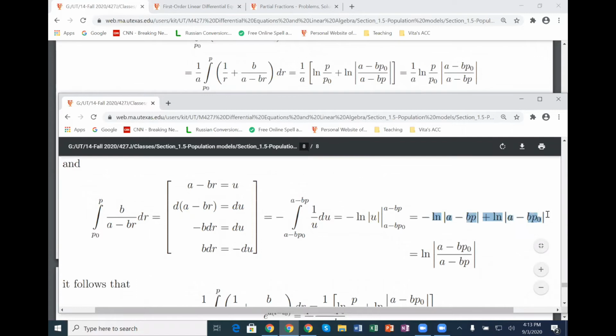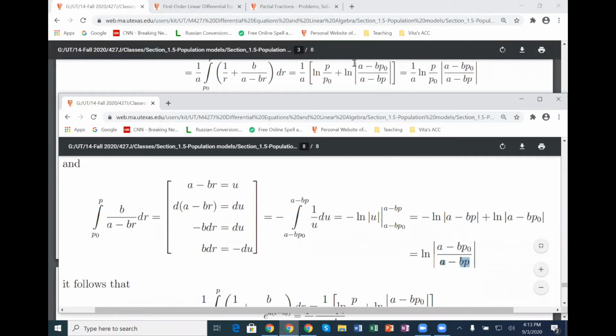So what is written here is the difference of two ln's. This minus this. And we know that the difference of logarithms is logarithm of the quotient. So it's ln of this, which is over here, divided by this, which is over here. It's exactly how we come up with this answer.